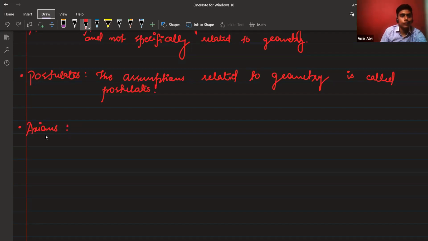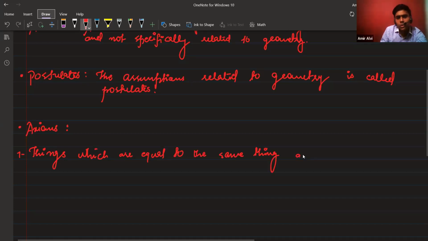So the first axiom is that things which are equal to the same thing are equal to one another.